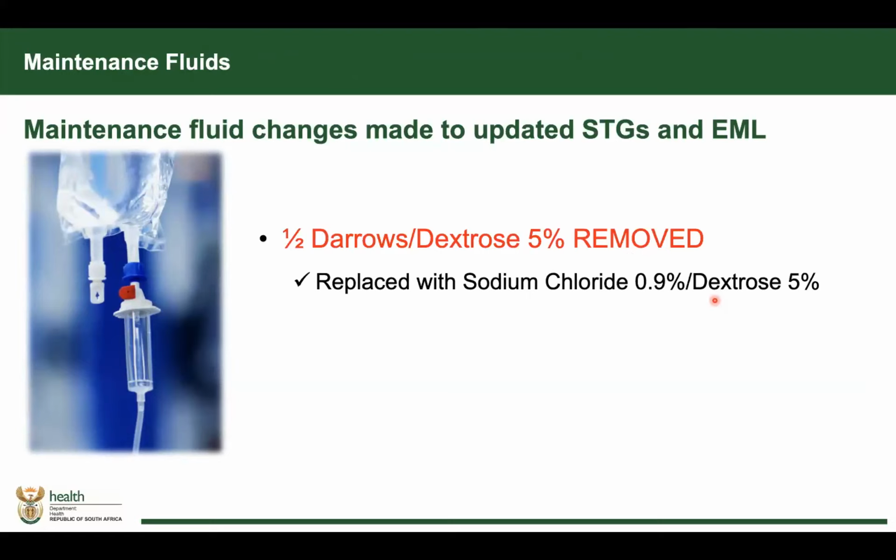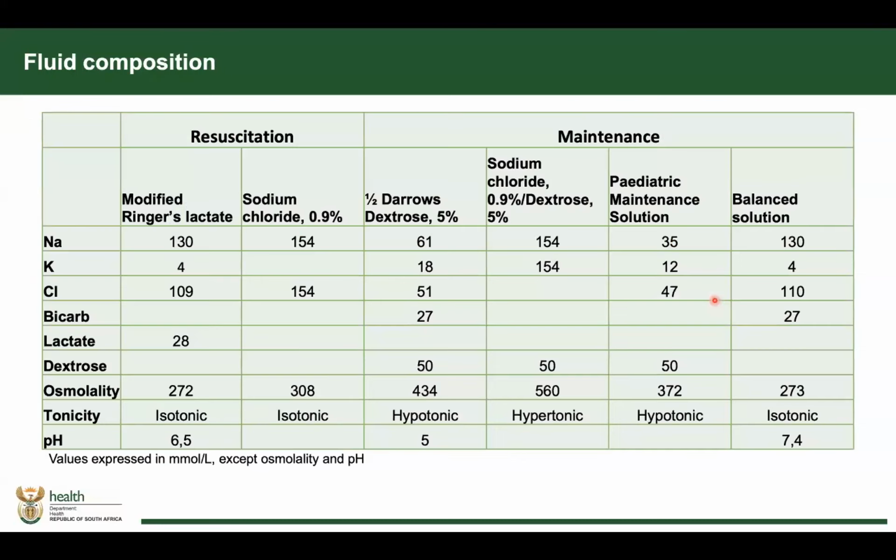And what's quite interesting to note is that that fluid has been removed completely from the pediatric hospital level STG. And the current recommendation is now to use 5% dextrose saline as maintenance fluid when it is necessary. So to understand the reasoning behind this, I've just brought up this table that shows us, just referencing here a balanced solution.